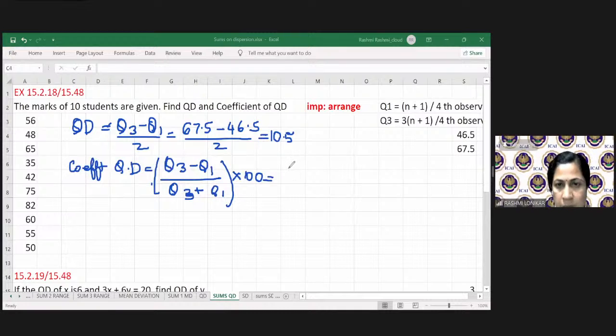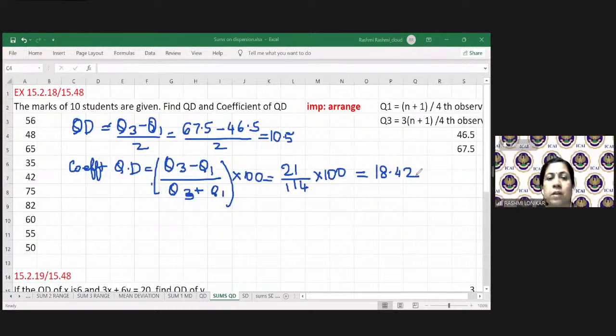So this is how much? 21 divided by 67.5 plus 46.5, that is 114, into 100. So 21 divided by 114 into 100, that is 18.42. Okay. So I hope everybody has understood this.